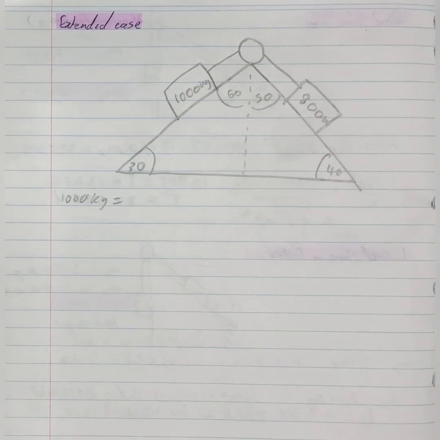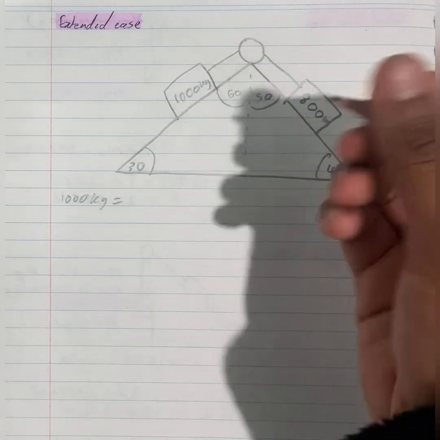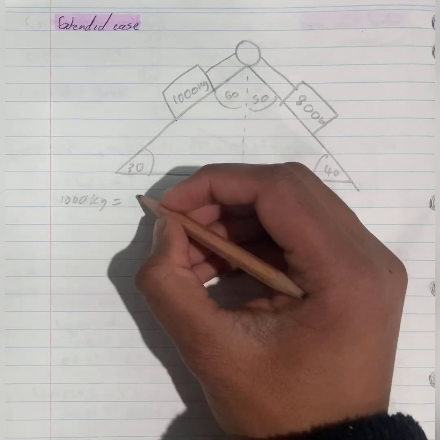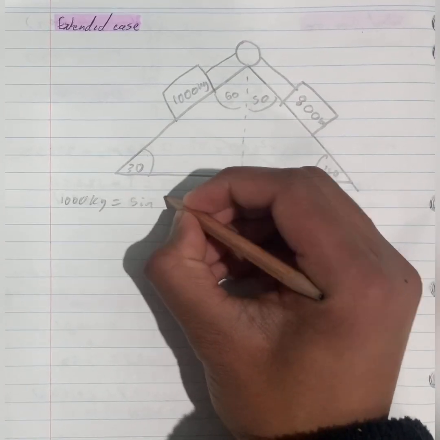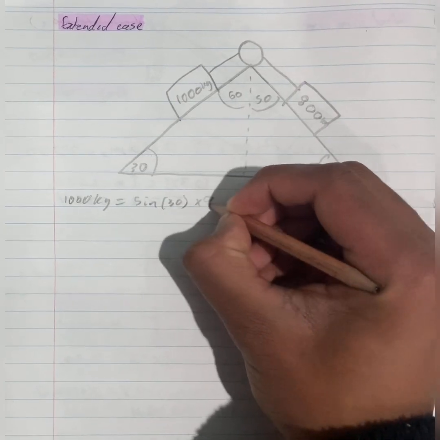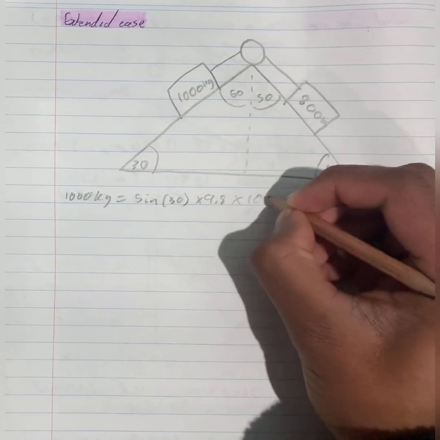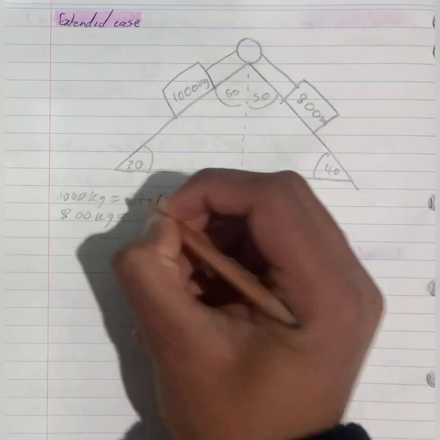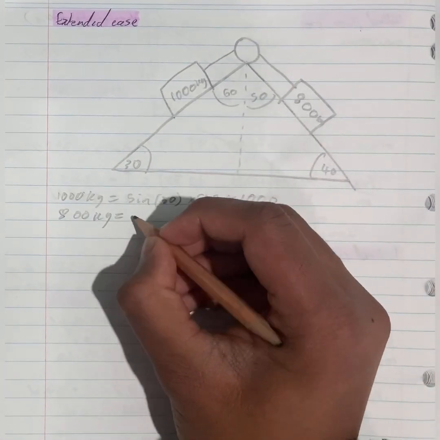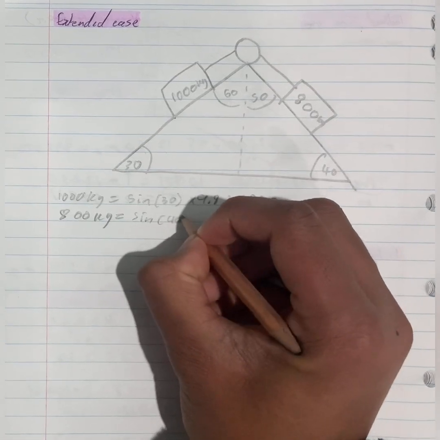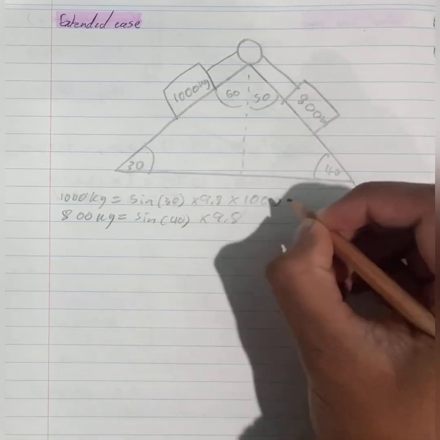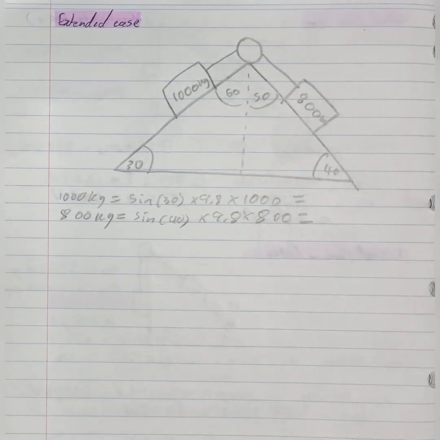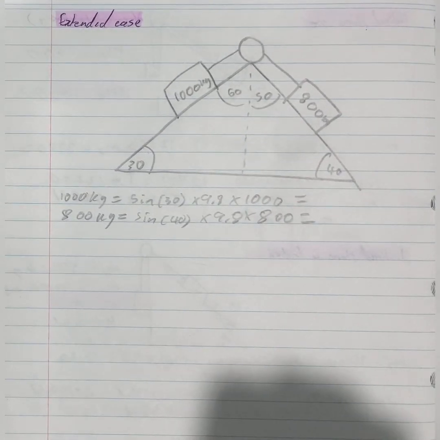So for the 1,000 kilogram block, the net force without a string would be a simple sine 30 multiplied by 9.8 multiplied by 1,000 kilograms. Similarly, for the 800 kilogram block, we would be dealing with a sine 40 multiplied by 9.8, once again multiplied by 800. So let's just quickly calculate those using a calculator.